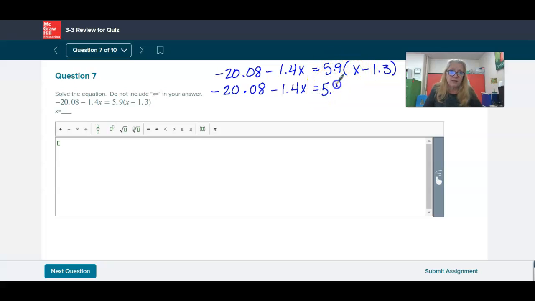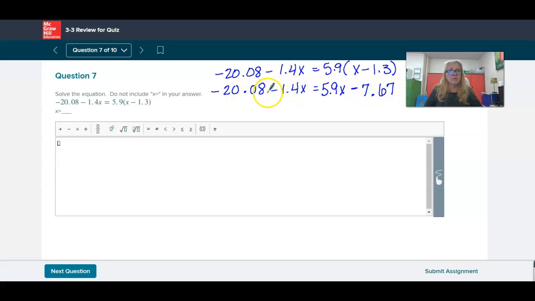That would be 5.9x. But 5.9 times a negative 1.3, I'm going to need help for that one. 5.9 times negative 1.3 is negative 7.67, right?